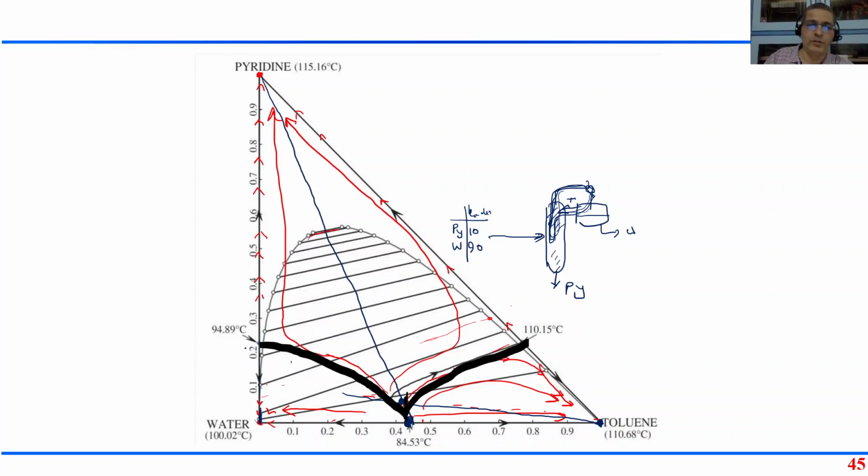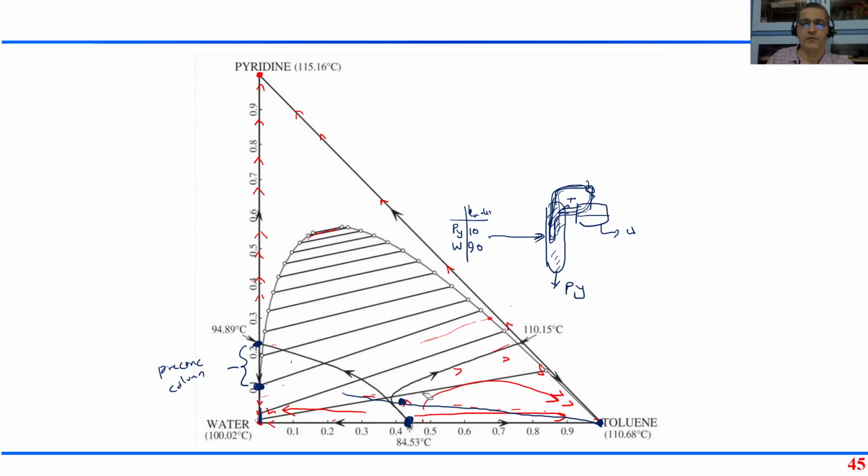So I could do this, going from this feed to the azeotropic composition, in a pre-concentration column, right? And then this mixture, the azeotropic mixture of pyridine and water, we can now feed to toluene, right? So we would be somewhere along the line joining this azeotrope and toluene, and perhaps I add an equimolar mixture of the azeotrope and toluene. We end up somewhere here.